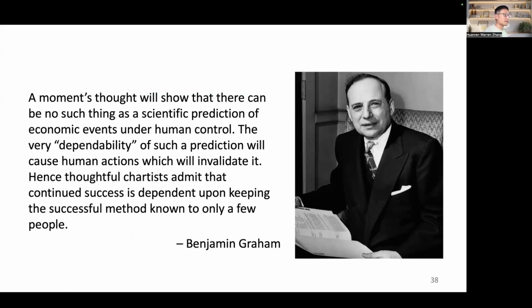Hence, thoughtful chartists, another name for investors who use technical analysis, trying to capture the momentum or the patterns of past pricing information, admit that continued success is dependent upon keeping the successful method known to only a few people. Right?